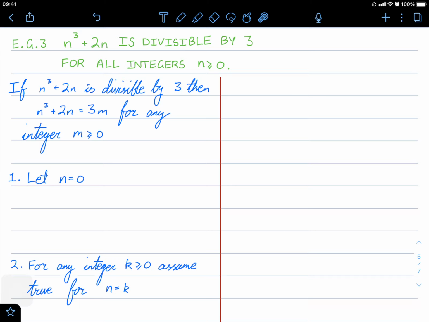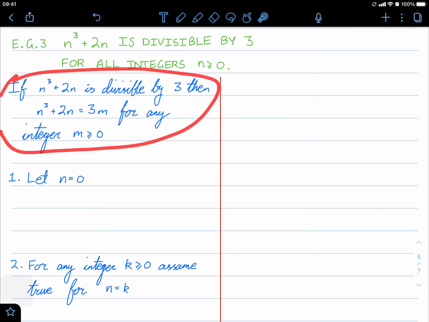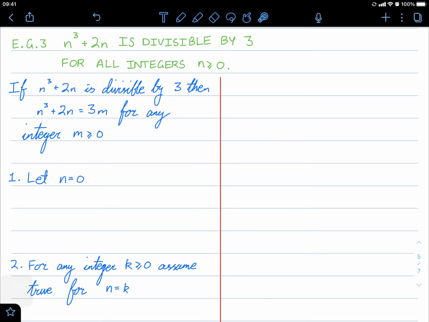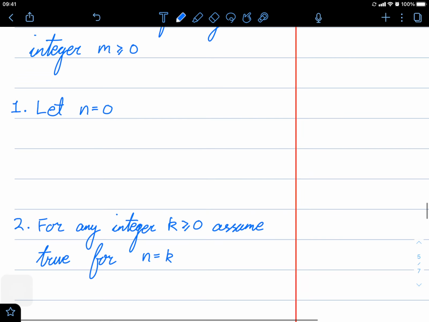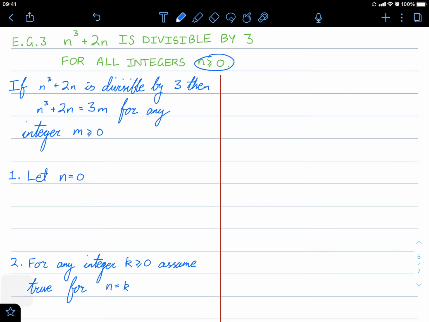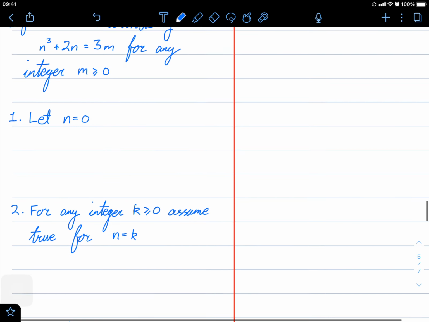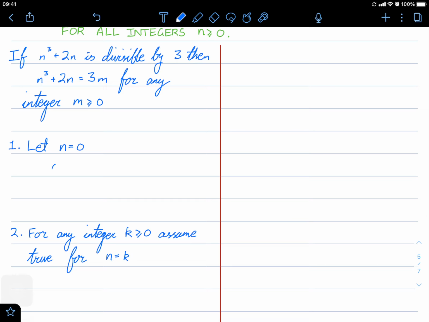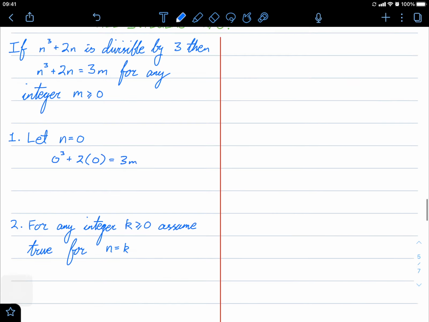So here we go. We begin the statement by saying that if the statement is divisible by 3, then the same expression must equal 3m for any integer m greater than or equal to 0. As before, we always test the smallest value in the given domain. So n is equal to 0: 0 cubed plus 2 times 0 is equal to 3m.